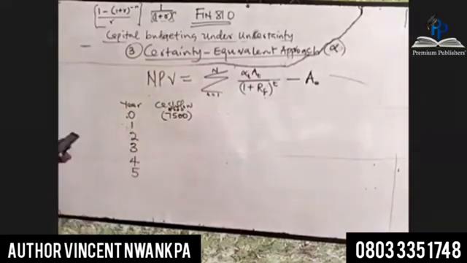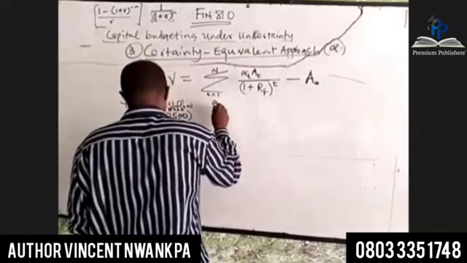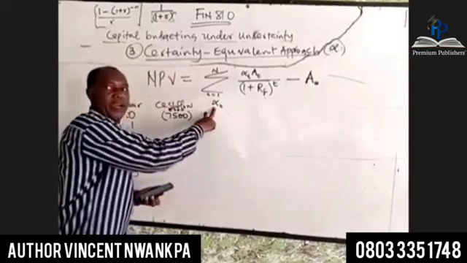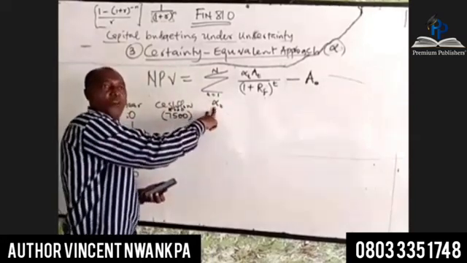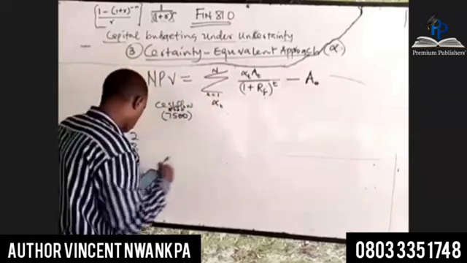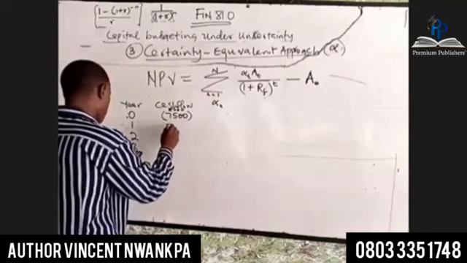According to that question, that's 7 million. So that's why I put 0, 0 on top. So we don't need to bother. This is our alpha. This is our certainty equivalent approach.